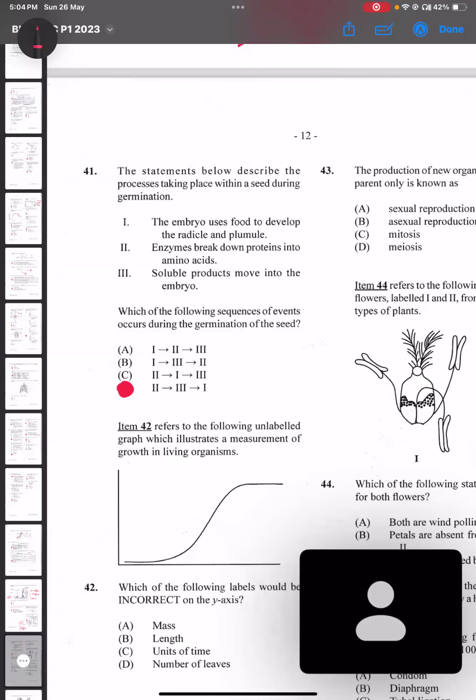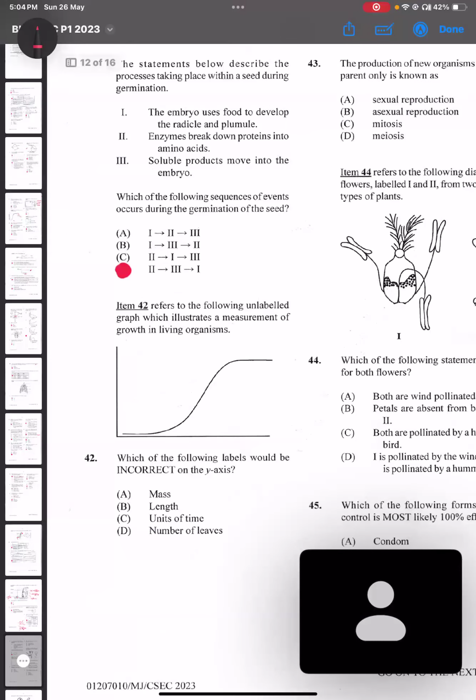Whatever is broken down would move into the embryo. The embryo would use those substances to grow the plumule and the radicle, the first leaf and the first root, so that it can actually do photosynthesis now and doesn't have to rely on stored food. So for 41, the answer is B.